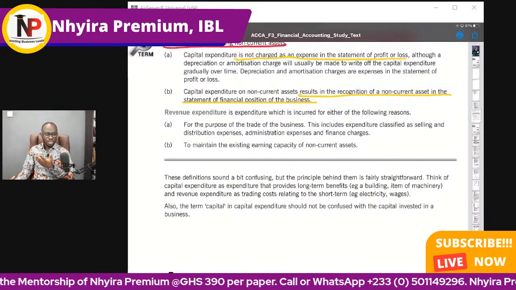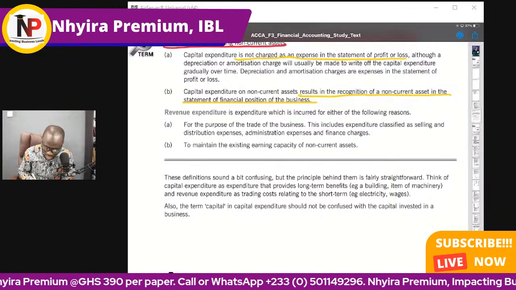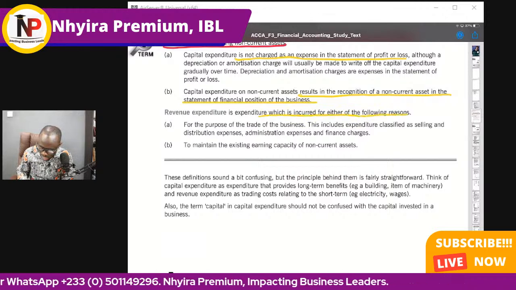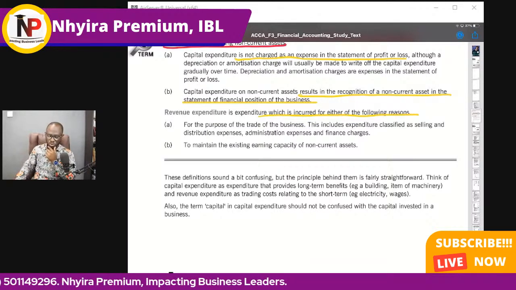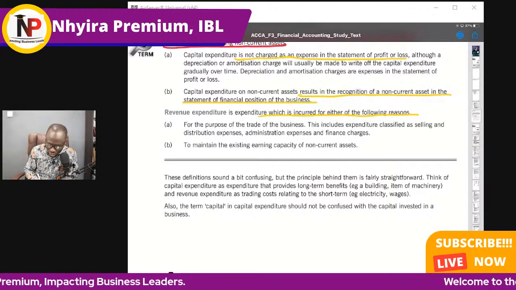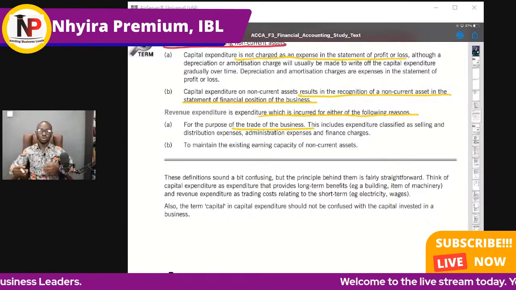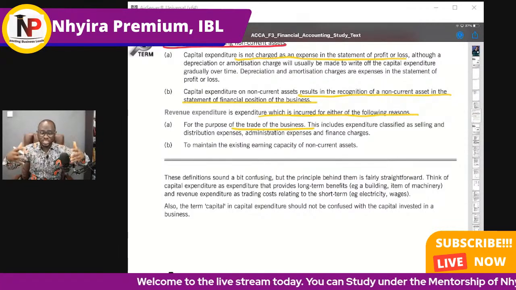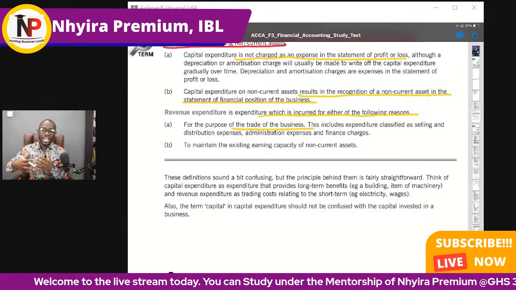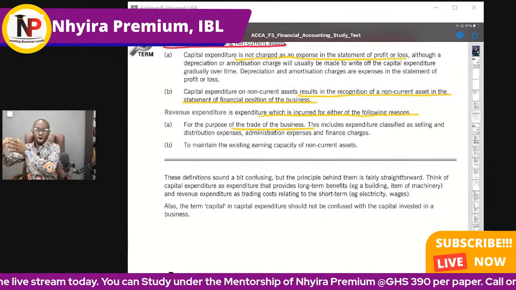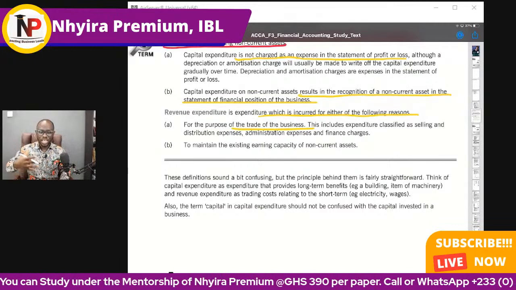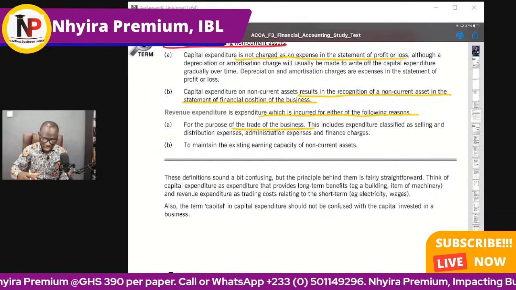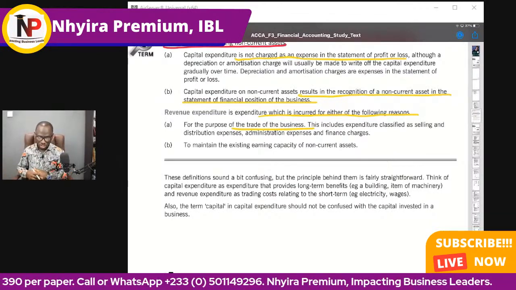Like the name suggests, revenue expenditure is simply going to be the expenditure which is incurred for either of the following reasons. One, for the purpose of trading or trade of the business. So because of the services we are rendering, the products we are producing, or the undertaking of the organization, we incur some cost in the day-to-day running of the organization. The cost we incur in the day-to-day running of the organization is going to be recognized in the profit or loss account in the financial statement.